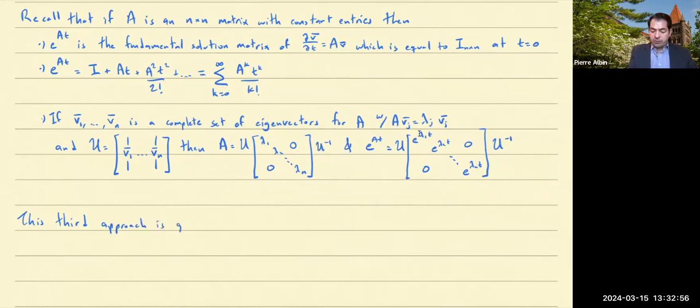This third approach is great, but what can we do if A doesn't have a complete set of eigenvectors?